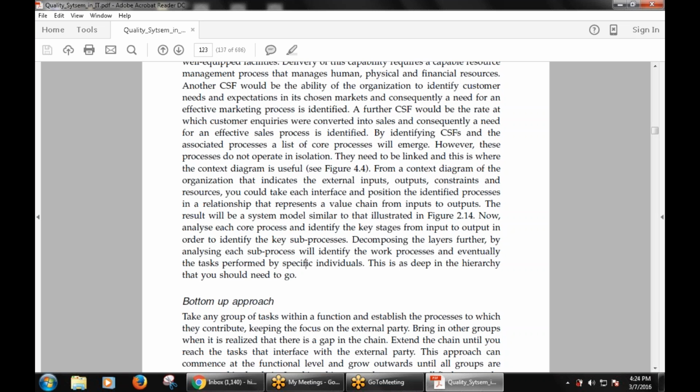This is as deep in the hierarchy as you need to go. Whatever the hierarchy and scenario require, we can go inside. That is the top-down approach. So whenever we are using the top-down approach, that means moving downward.